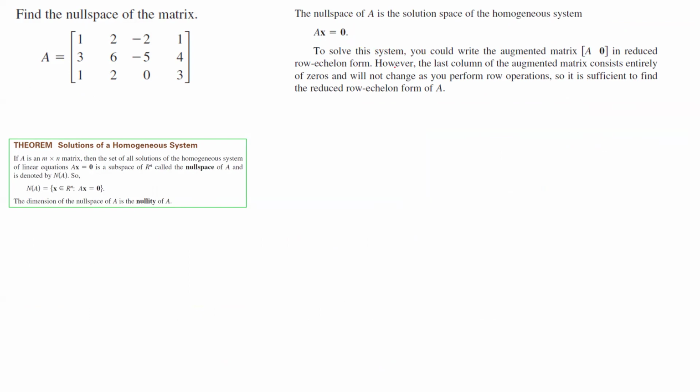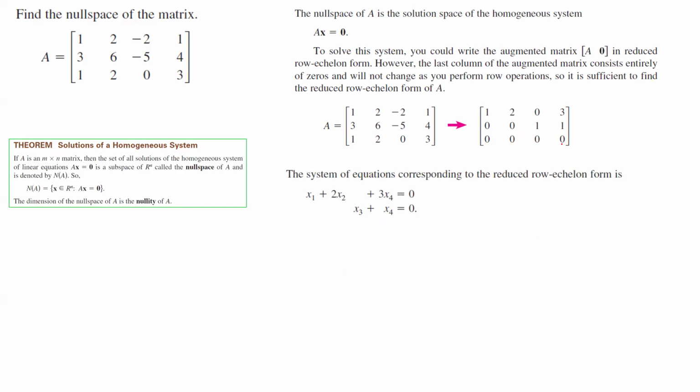In reduced echelon form, however, the last column is just basically 0. It doesn't change anything. So you can basically take A and write it in row echelon form. This becomes 1, 2, 0, 3, 0, 0, 1, 1, and you end up with a 0 row.